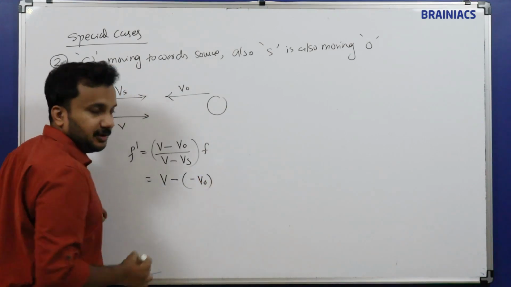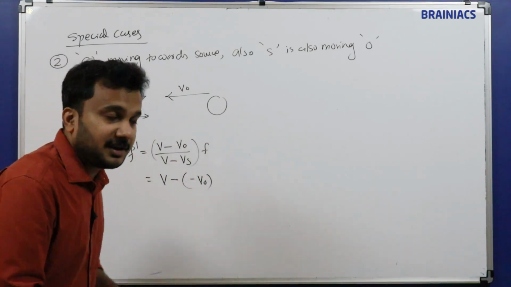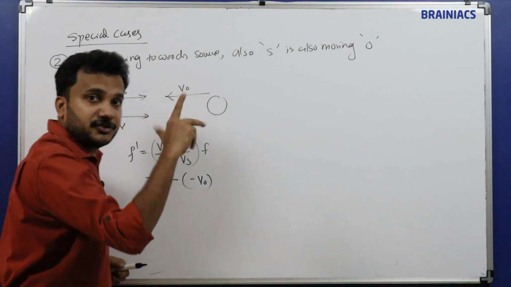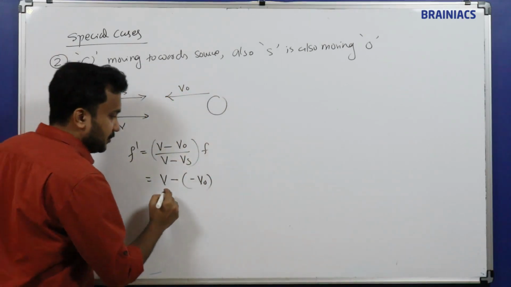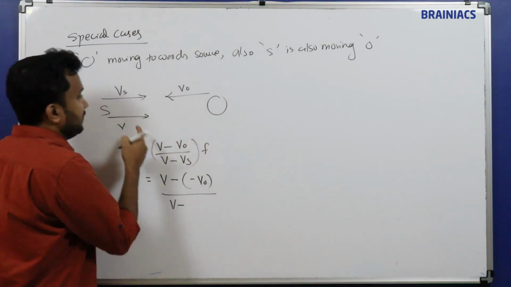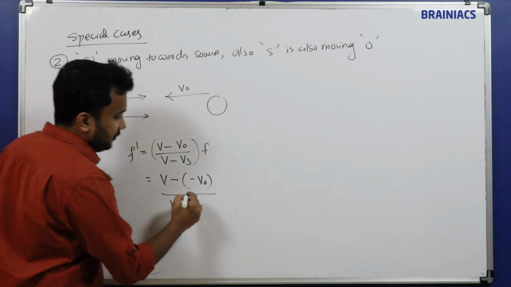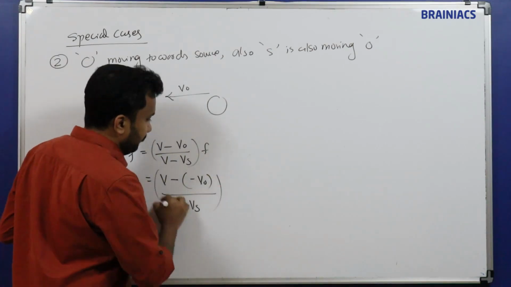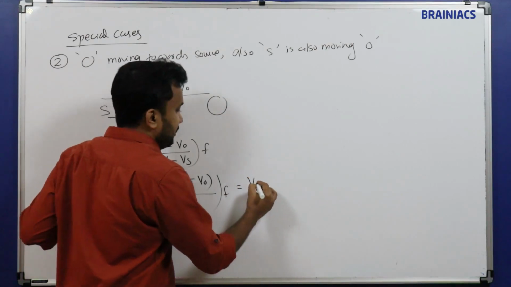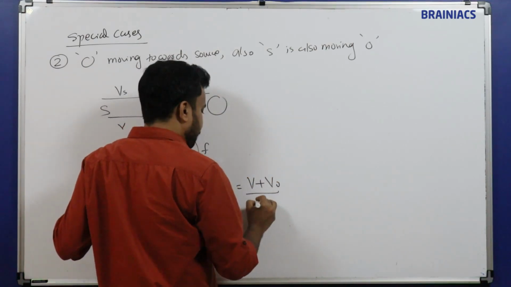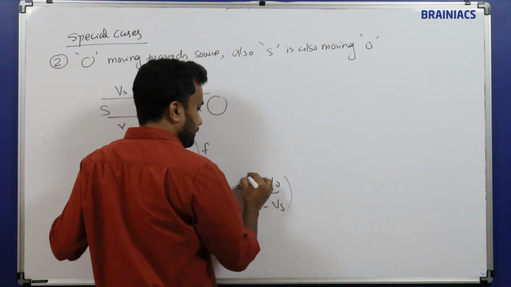Opposite is negative. Divided by V minus Vs, which is positive, so no change. So this formula changes to (V plus V0) divided by (V minus Vs), into F.